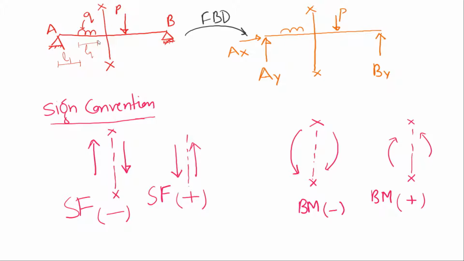If we take the coordinate x equal to 0 at this point, then x would vary from here to x equals the total length L at B. The distributed load and concentrated load are acting on different sections of the beam.